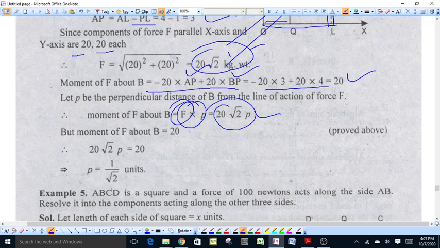According to Varignon's theorem, the moment of the resultant about any point will be equal to the algebraic sum of moments of the components of force F about the same point, which comes out to be 20. Therefore, 20 root 2 into p must be equal to 20. From this relation, p comes out to be 1 by root 2 units.